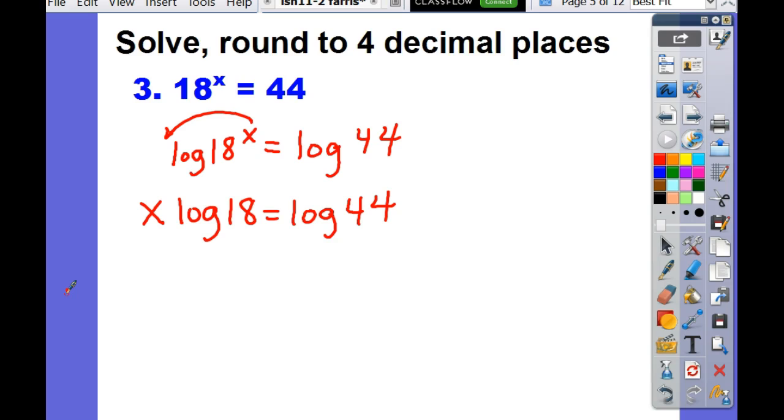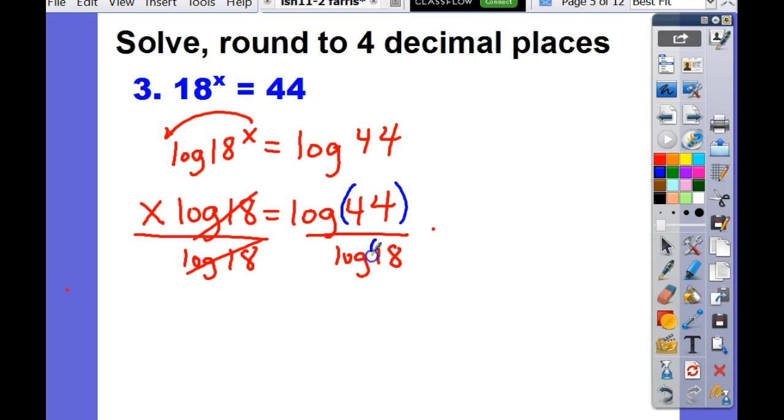The log of 18 simply represents a decimal number, and so I can divide by the log of 18. If I divide the left-hand side by log of 18, I have to divide the right-hand side. And so this can go in my calculator as long as I remember to put the parentheses around both of my numbers there.